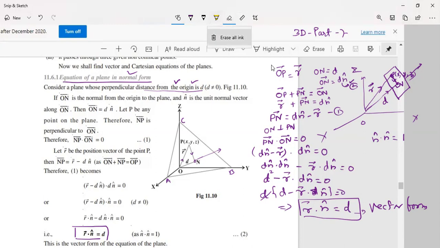Now we will convert the same equation into Cartesian form. In Cartesian form, I will convert this equation directly.